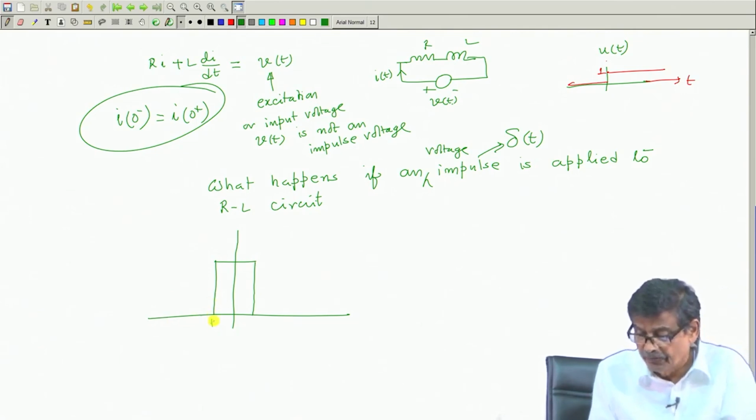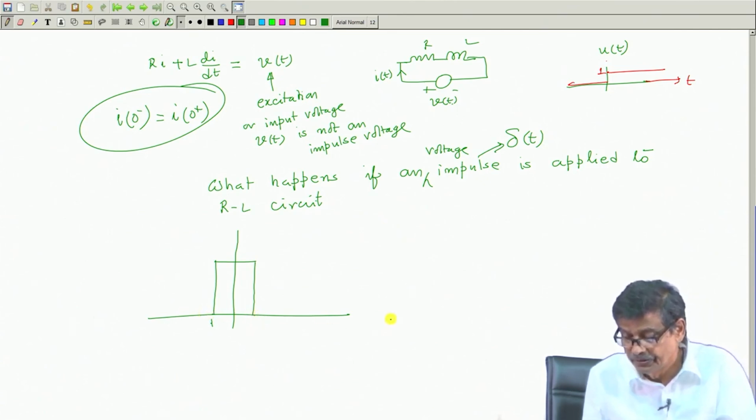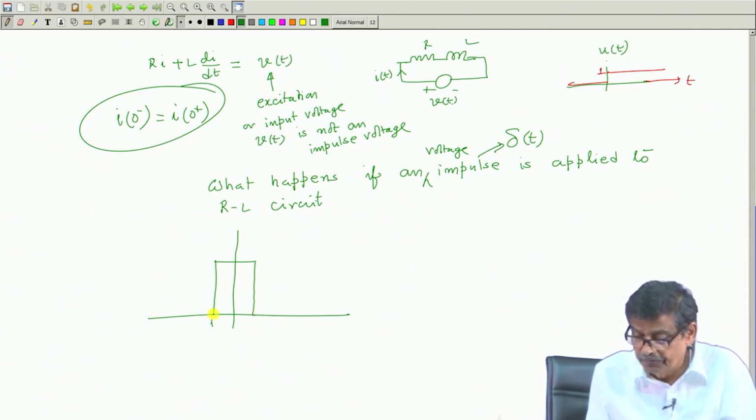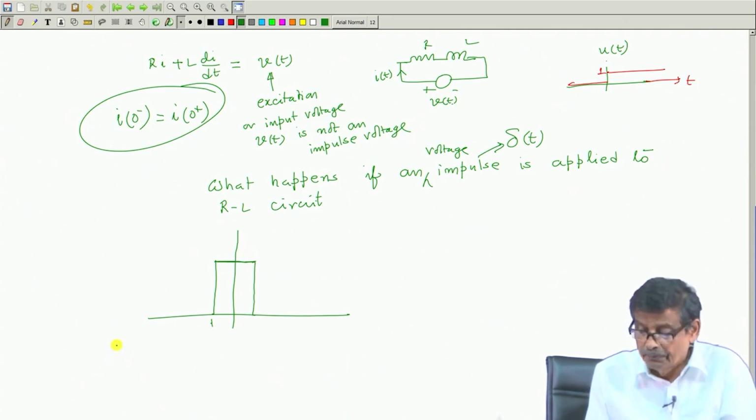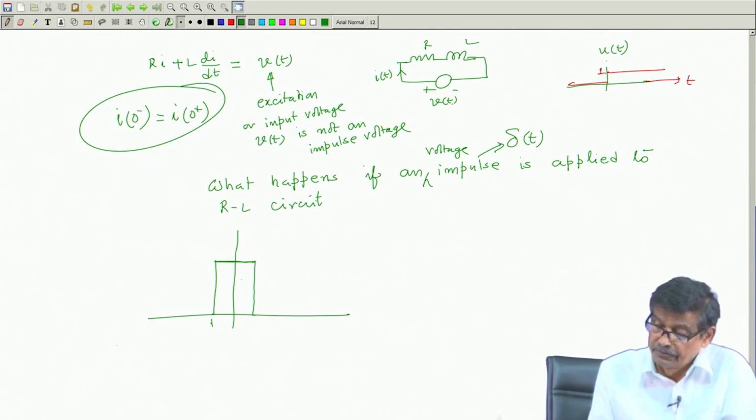It means that before this time it was 0, after this time it was 0, but between this point and this point there was some step voltage sort of thing, a rectangular pulse voltage. So, v(t) is supposed to be like this.